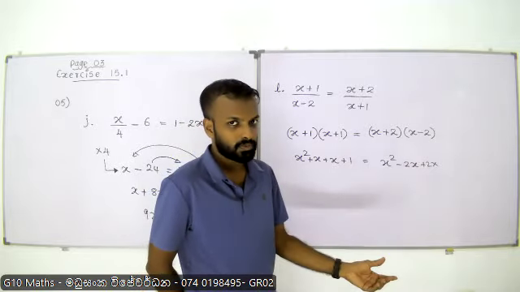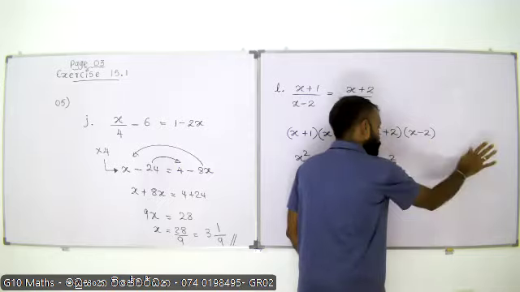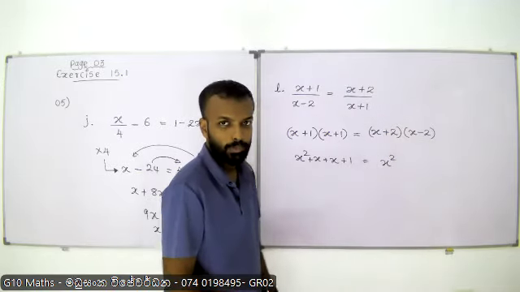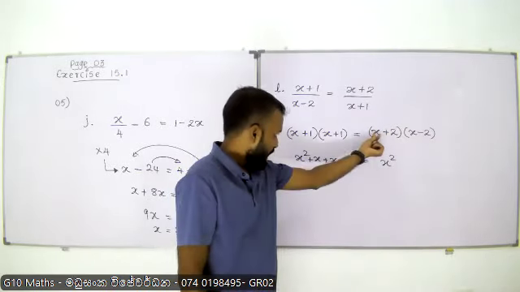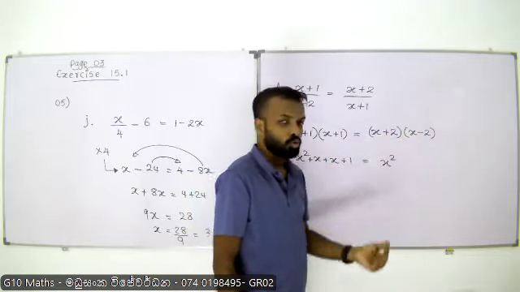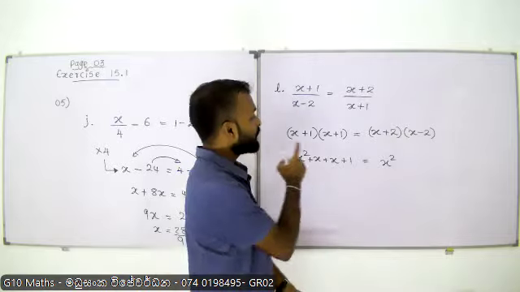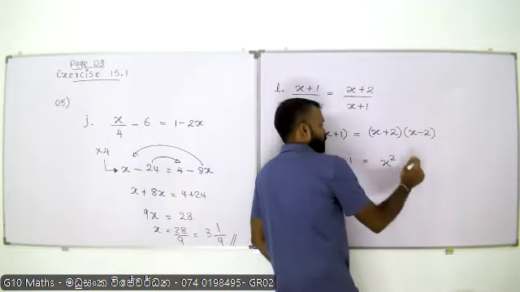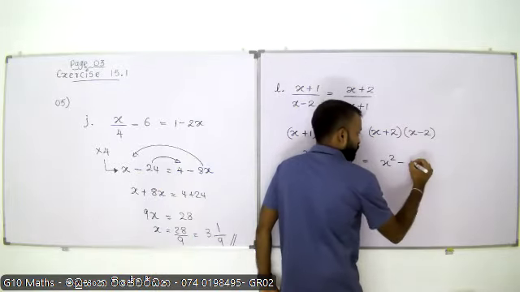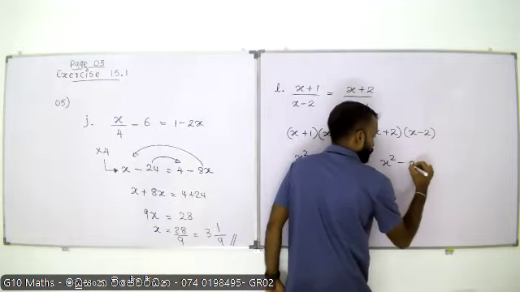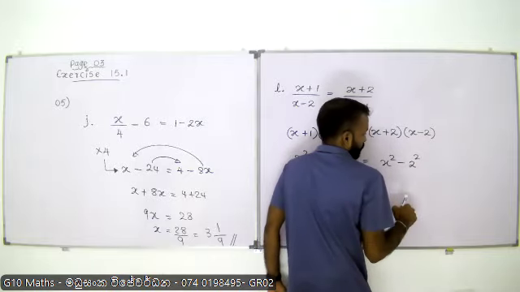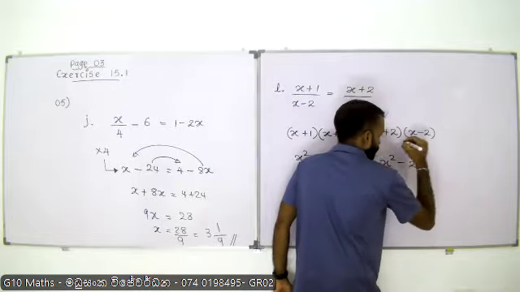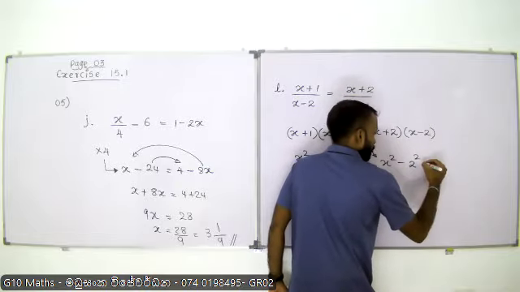So don't do this kind of unnecessary expansion. With x plus 2, x minus 2, you can obtain the answer directly on the spot. Done. x to the power 2, difference of two squares, 2 to the power 2. So this is the reverse mode of this.